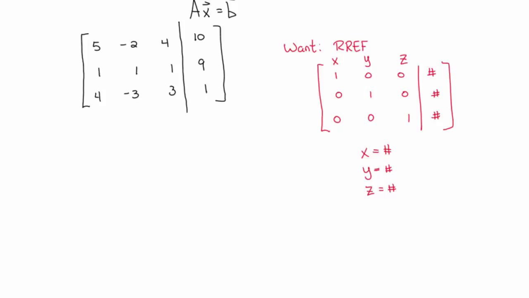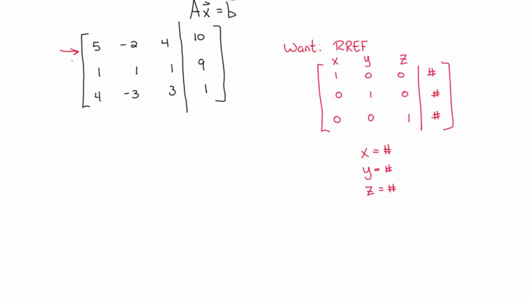Now, I'm going to tell you right now, there are a lot of little tricks that you can do along the way. I'm not going to teach tricks right now. I'm just going to teach you the brute force method. You can get very savvy with how you do this, but I'm just going to showcase the basic idea. Because we want to get 1 here in the upper left corner, I could force this guy to be a 1, because I can divide or multiply a row by any number I want.